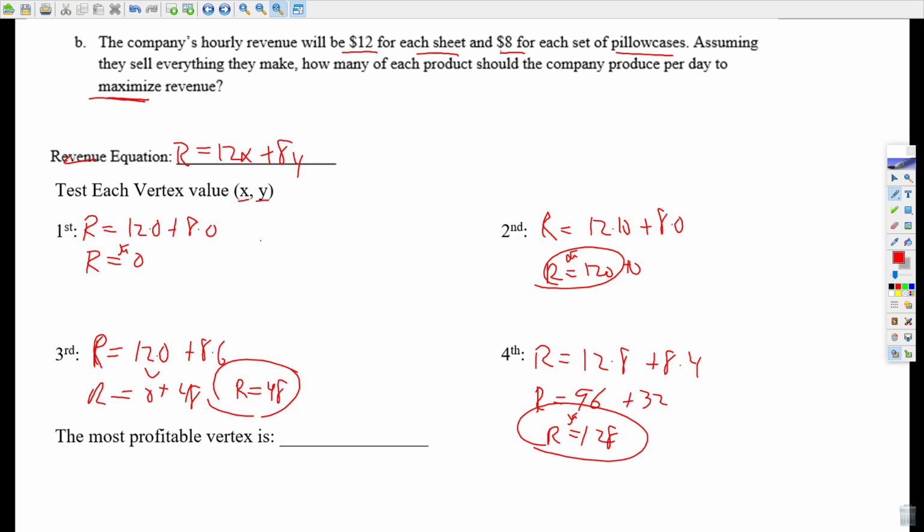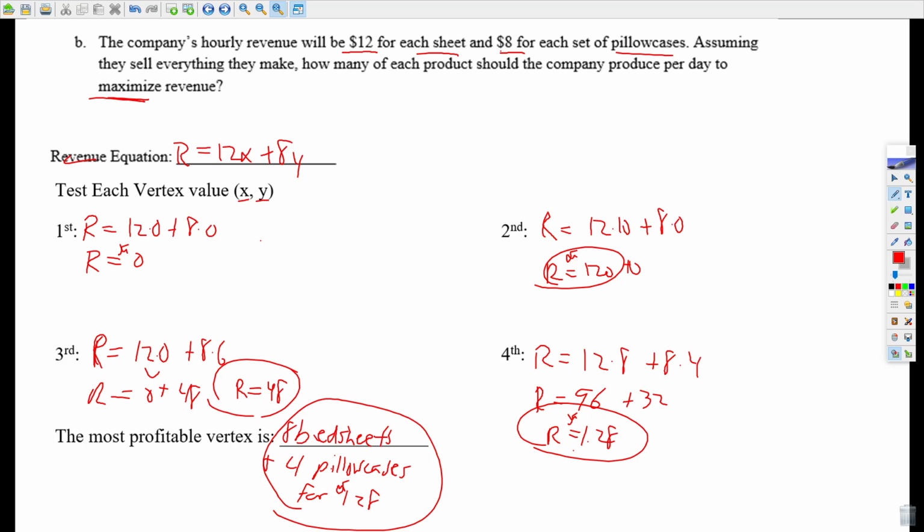So it happens that the most money you could possibly make is $128, and this is the combination. So the most profitable vertex is 8 bed sheets with 4 pillowcases, and that is for $128.